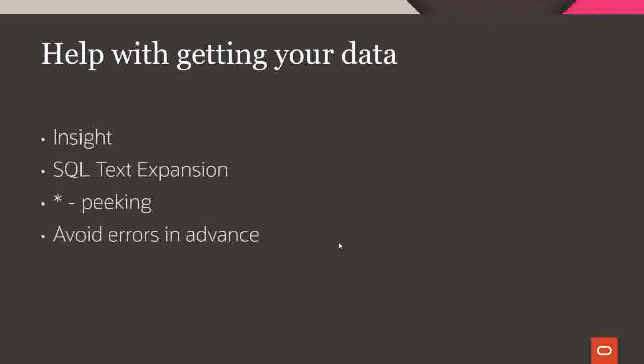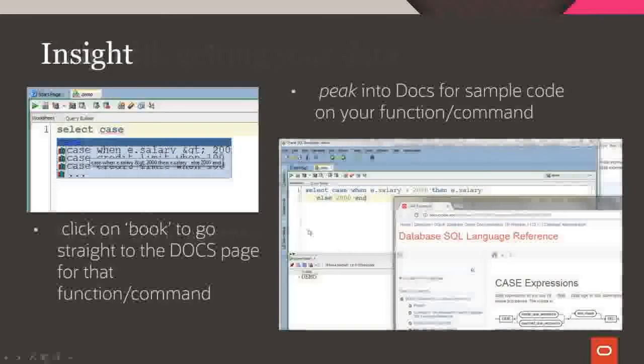Let's talk a little bit about getting help with writing your queries and seeing just exactly what your queries are doing. So this is called the Insight feature. This is what you'll see generally as you're typing. If you stop for a second or two, sometimes you'll get these little pop-ups. So here's an example of where we're pulling example queries out of the online Oracle docs.